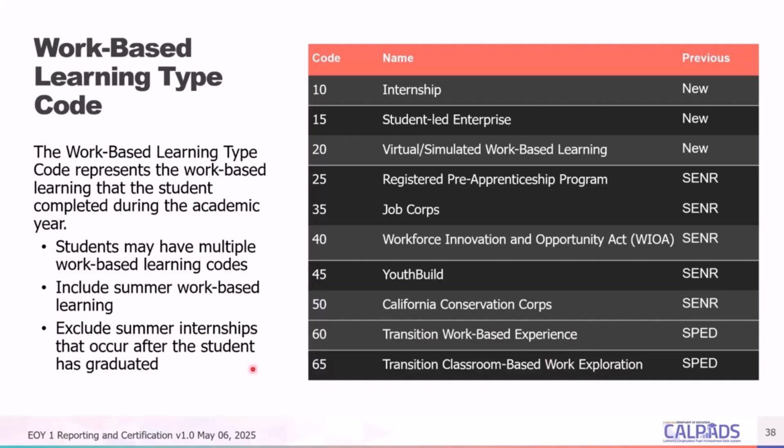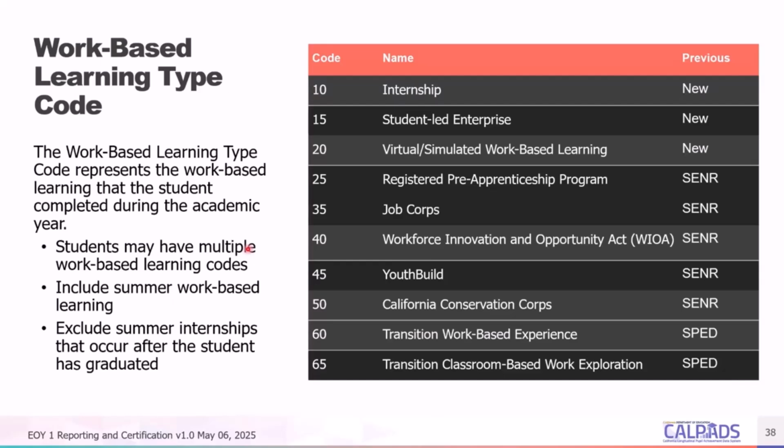So the important thing you need to know is that this work-based learning should be tied to a course. Should be tied to a class. Any student who is in an internship or work-based learning should be tied to a class that enforces that type of work. Normally it's a CTE course or one that involves that.